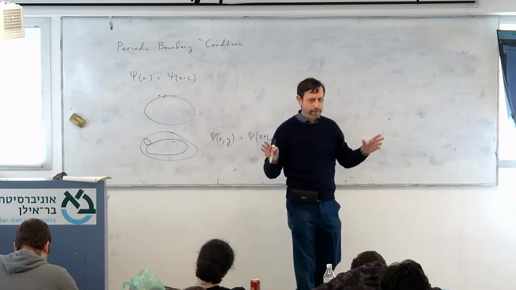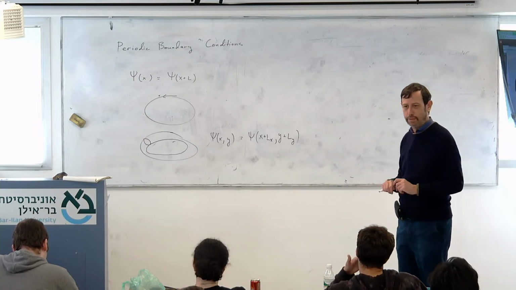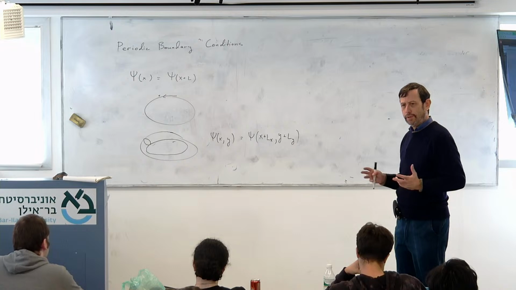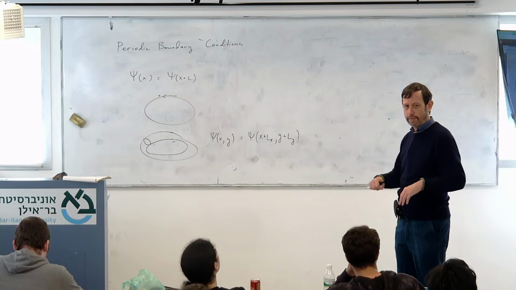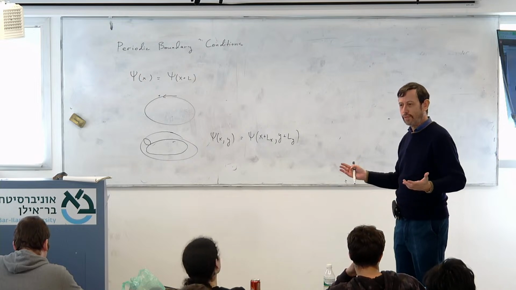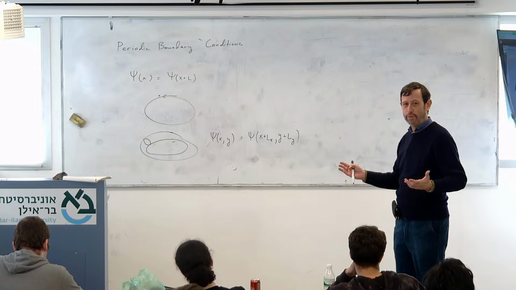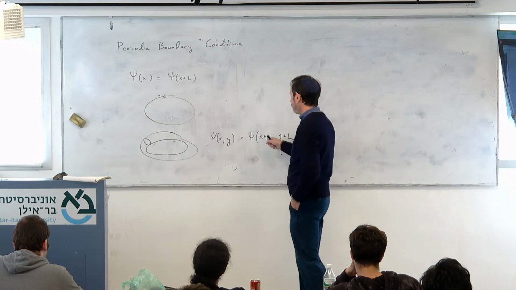Now, in parentheses, it's not within the material, but perhaps it's interesting to you. You've heard that in string theory you have 10, 11 dimensions. We live in 3. What do you do with all the other dimensions? You assume that they are very small.